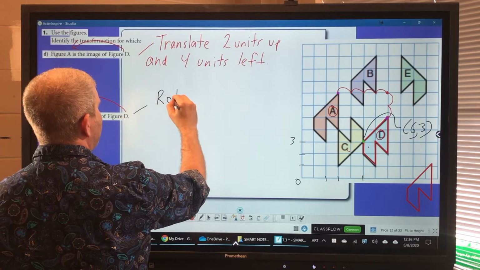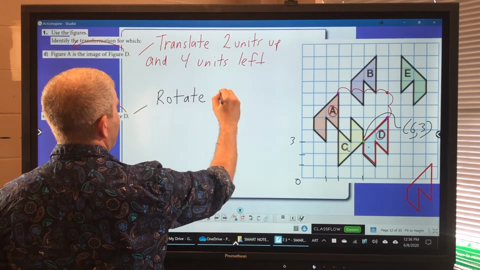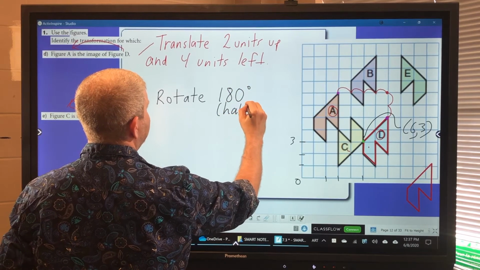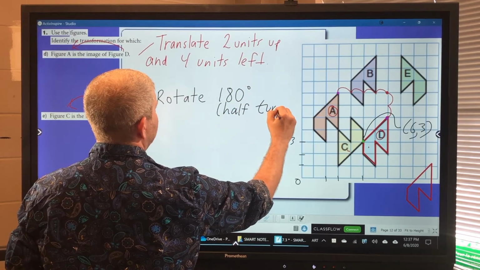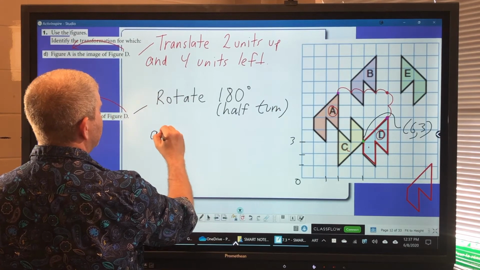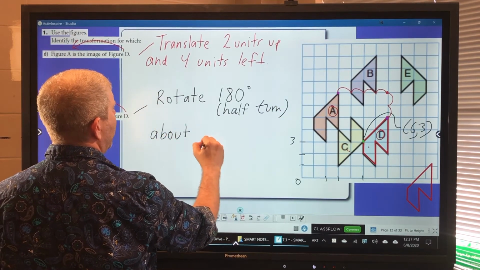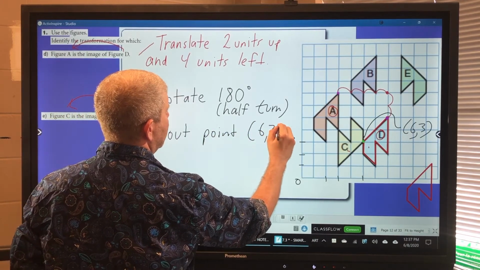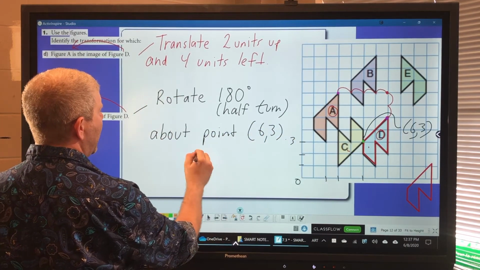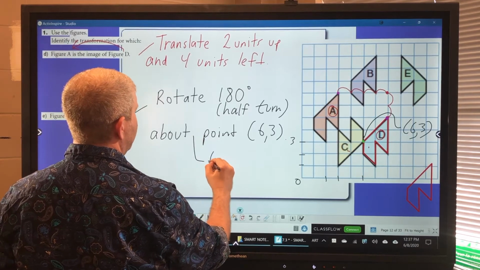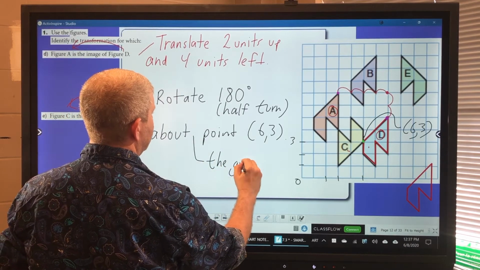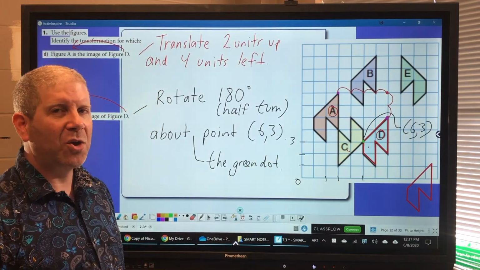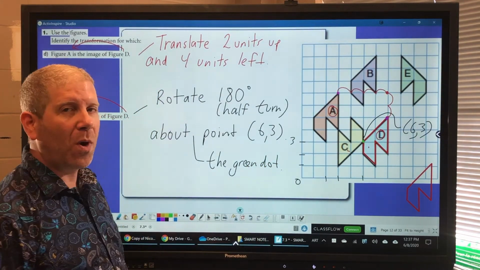So I'm going to say rotate 180 degrees, or you could say half turn, about (6, 3). Or you could say about the green dot. Either of those would be fine. And that's how you indicate the rotation for 1E.